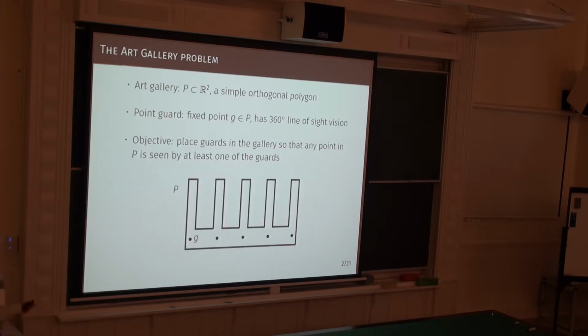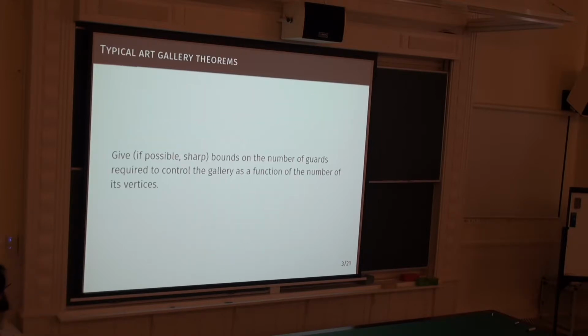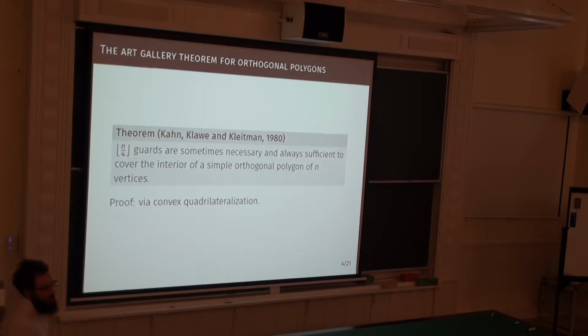As you can see, you need to put a point guard for each tooth of this comb. And since every new tooth requires 4 new vertices, this result is sharp as well. And the proof uses convex quadrilateralization of orthogonal polygons, and it uses deep geometrical insight. Now, we want to avoid that.